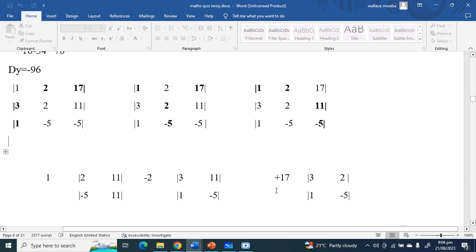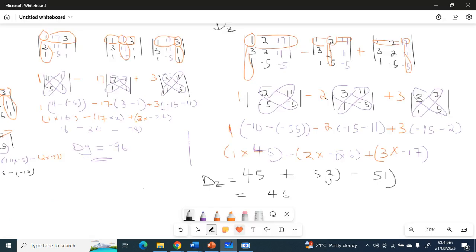Here it was supposed to be 17. Wait, what did I put here? I put 3.